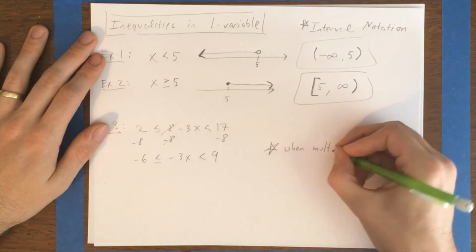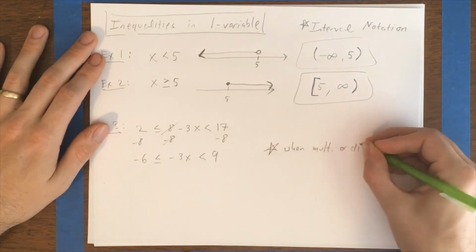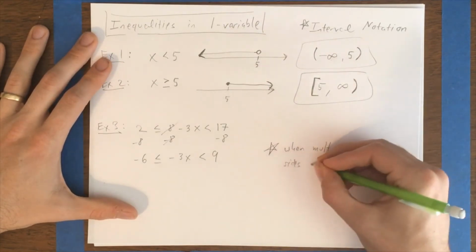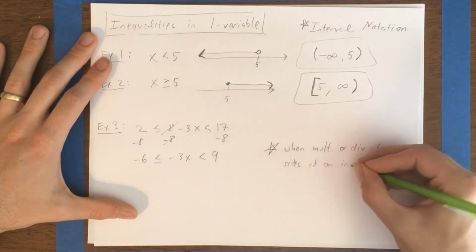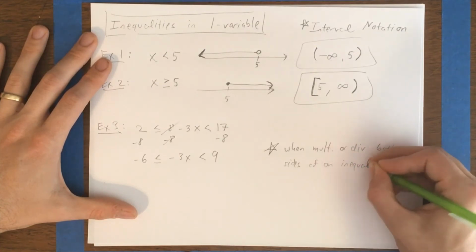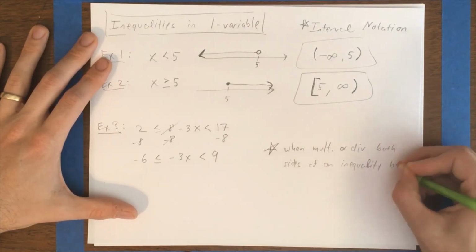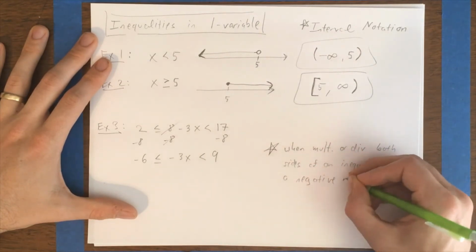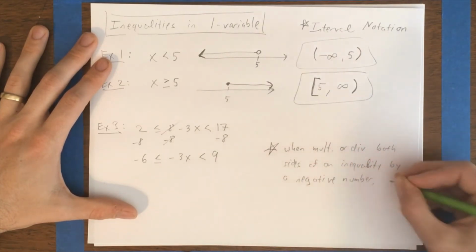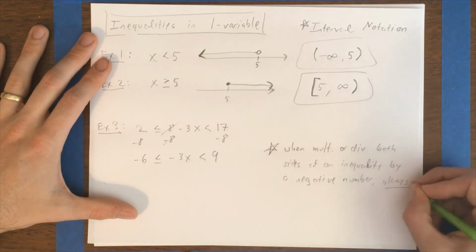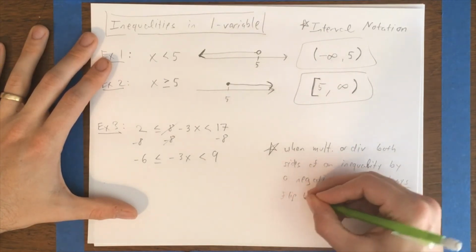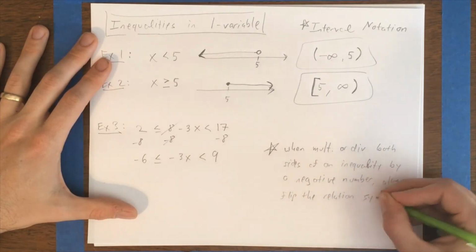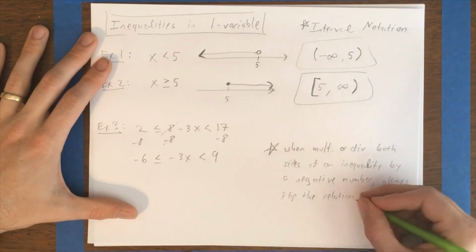When multiplying or dividing both sides of an inequality by a negative number, always flip the relation symbol. That would be the inequality symbol.